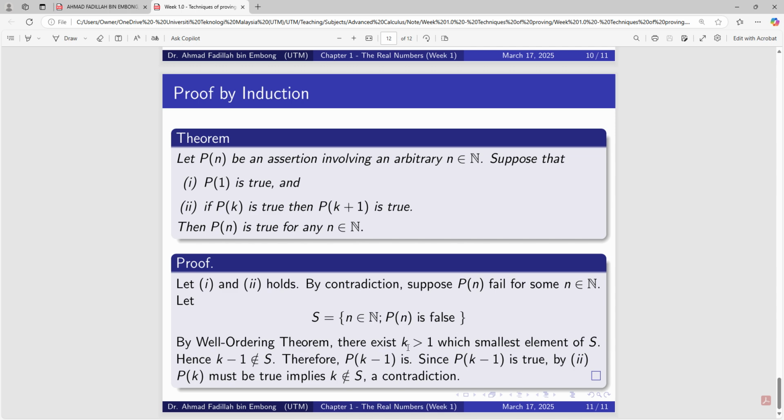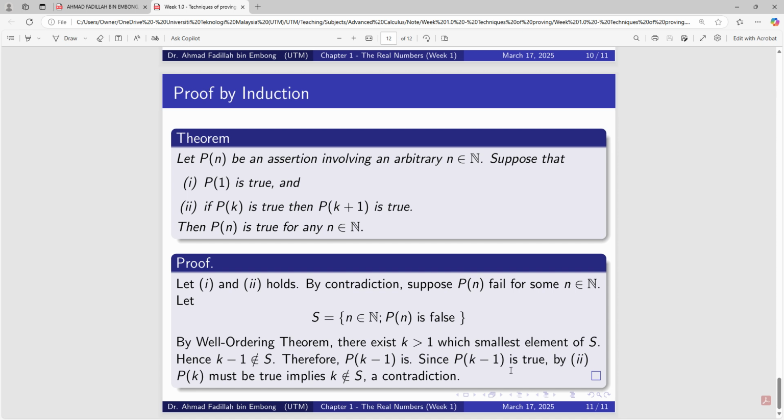So now we have k which is an element of S. Therefore, when k is the smallest element of S, when we subtract 1, k minus 1 should not be inside S anymore. So therefore P(k-1) must be true.